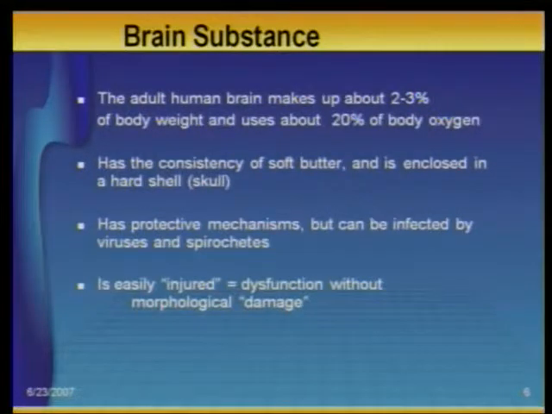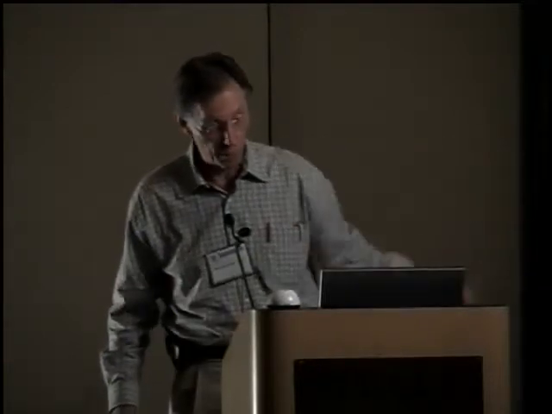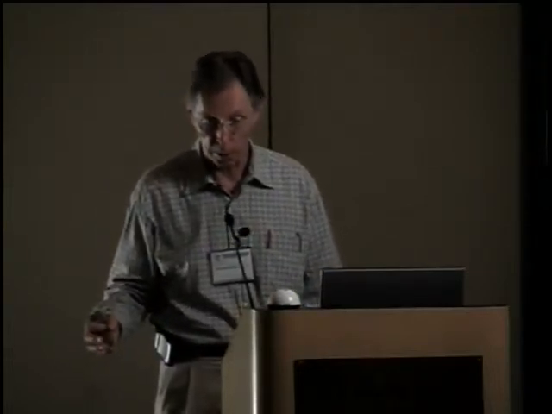Your brain is tightly packed inside here, but there's a little fluid around it. If you take 2 or 3 pounds of soft butter and throw it up against a wall, it will deform. Well, if your head is accelerated and you've got 2 or 3 pounds of brain mass moving and bouncing off the inside of your skull, your brain gets deformed and injured in that process.